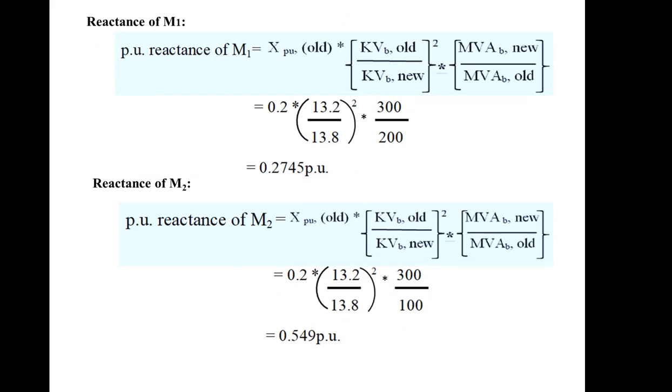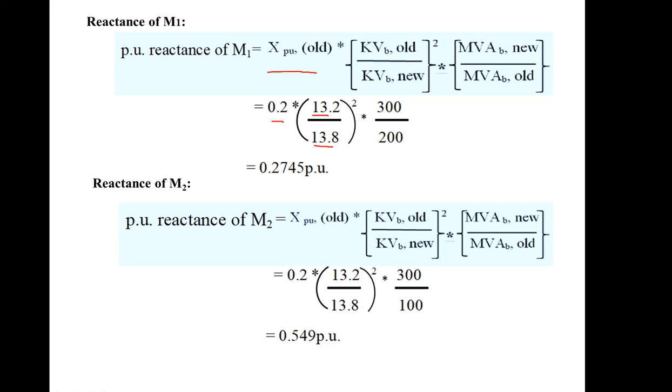Next is to find the reactance of motor 1. We can find it directly, because the MVA is given, 13.2 kV is given, and 20 percent is given. Applying the formula, the old value is 20 percent, so 0.2. Old voltage is 13.2 and the new value is obtained from the previous transmission line, 13.8, with MVAb 300.